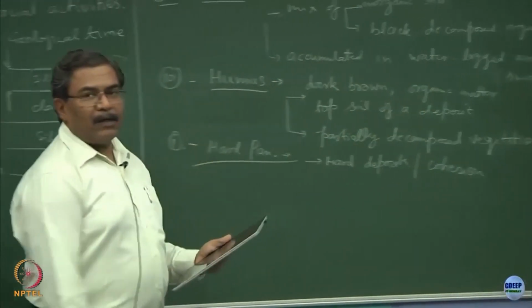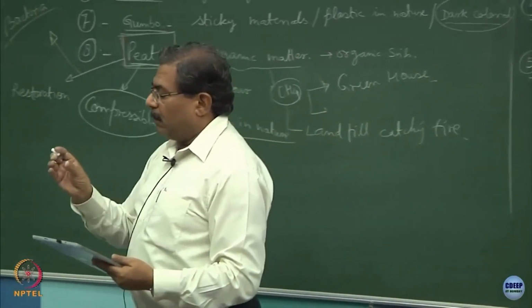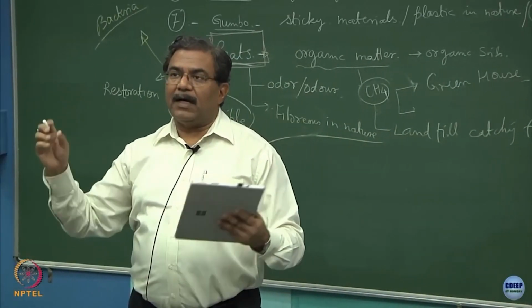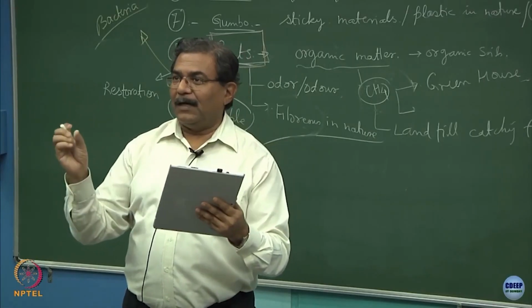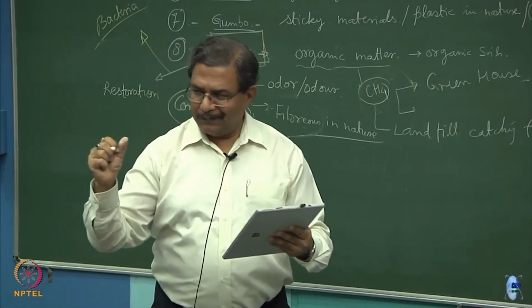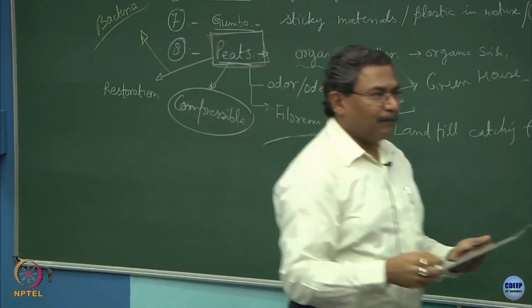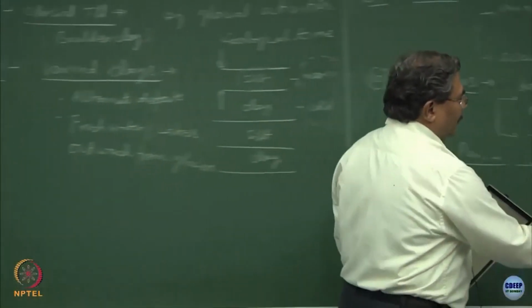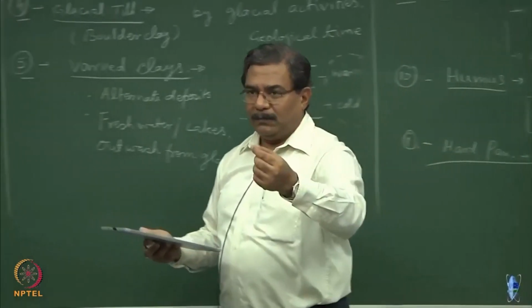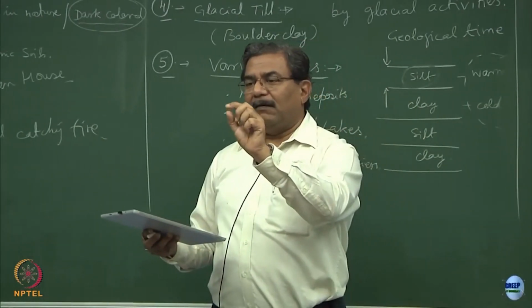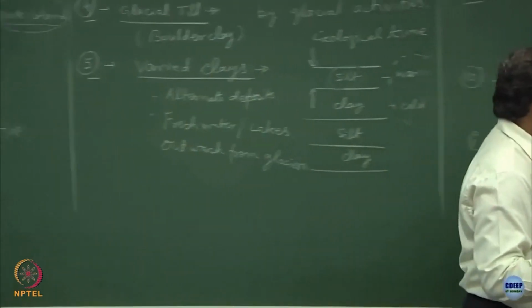I hope you understand the word cohesion. Cohesion is something where the particles of the soils are cohesed, they are bound with something. So, that is what is known as cohesion, alright. So, if two particles, suppose like a glue, I have two particles, I will put glue on both the particles, press them, they form a matrix.